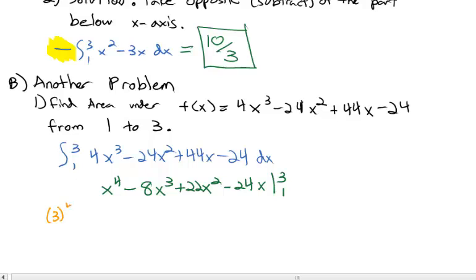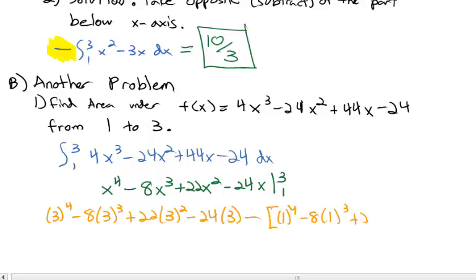We've got 3 to the 4th minus 8 times 3 to the 3rd plus 22 times 3 squared minus 24 times 3. And then we subtract, in parentheses, the whole thing, 1 to the 4th minus 8 times 1 cubed plus 22 times 1 minus 24 times 1.